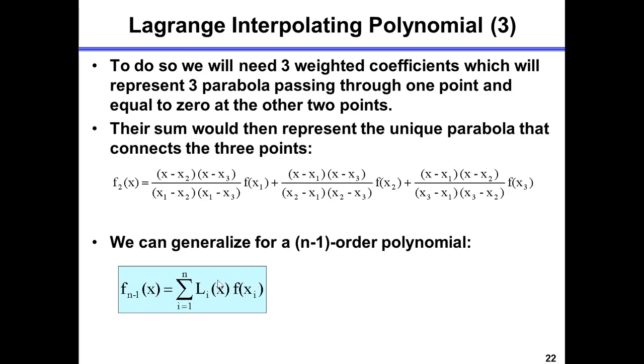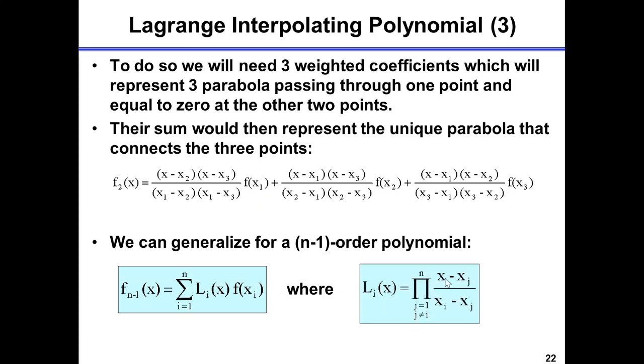And for these Li, we're going to use another equation, which is pi, because these are multiplications: pi of x minus xj divided by xi minus xj. When we have this, we can go to MATLAB or any other language like Python, and we can write the general code for these ones.